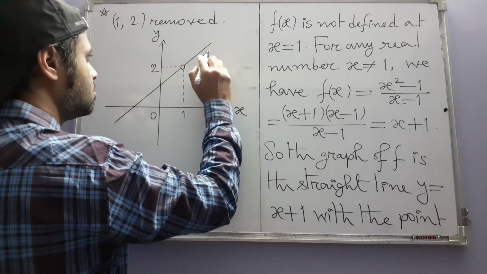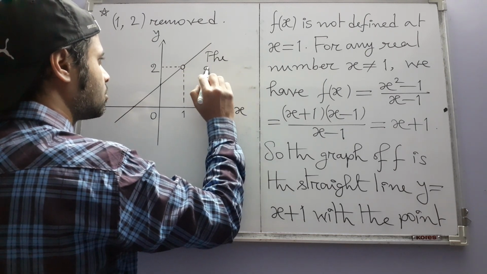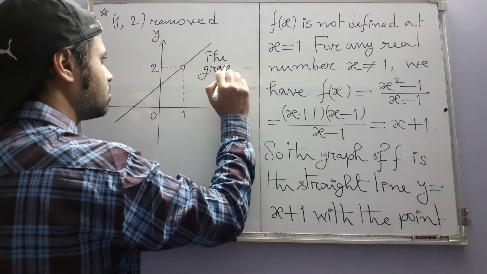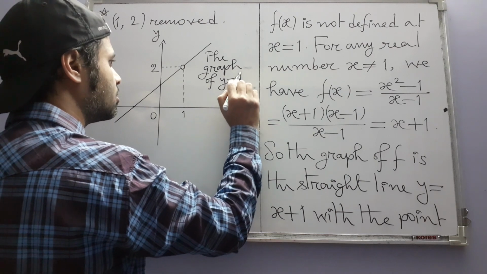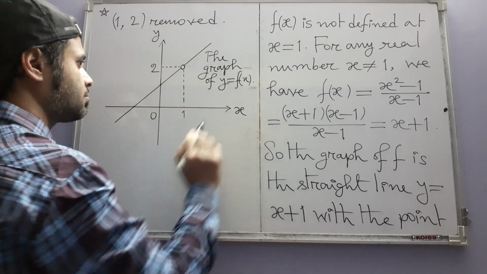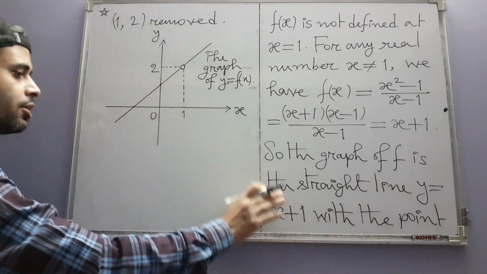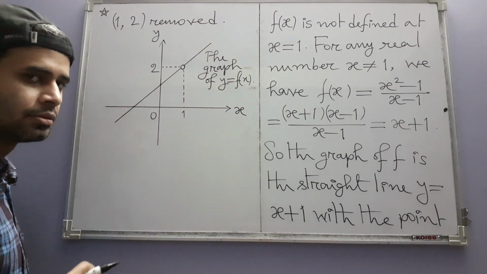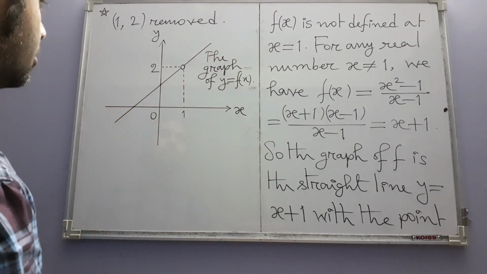So this is the graph of y equal to f of x. And don't write the graph of y equal to x plus 1, because that is just the entire line where the point 1 comma 2 is also there. So this is the graph.